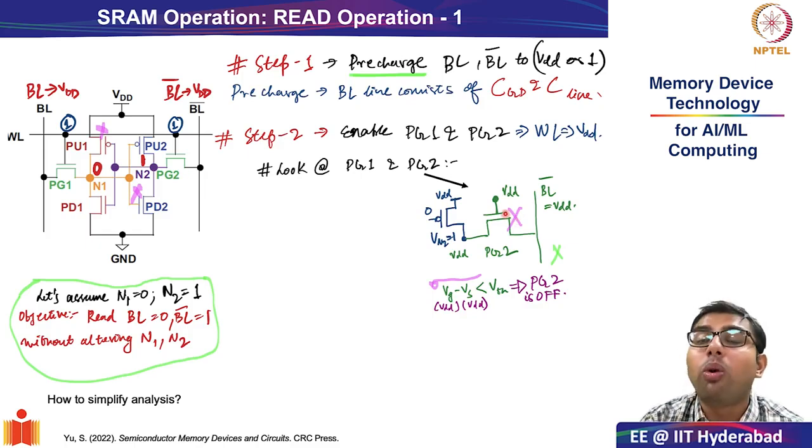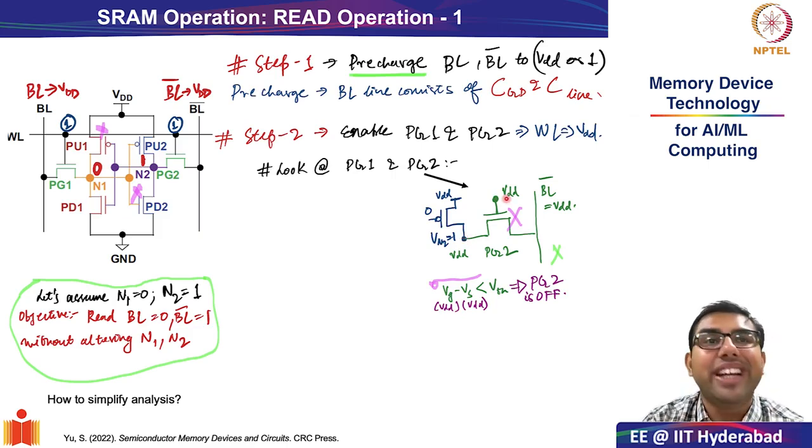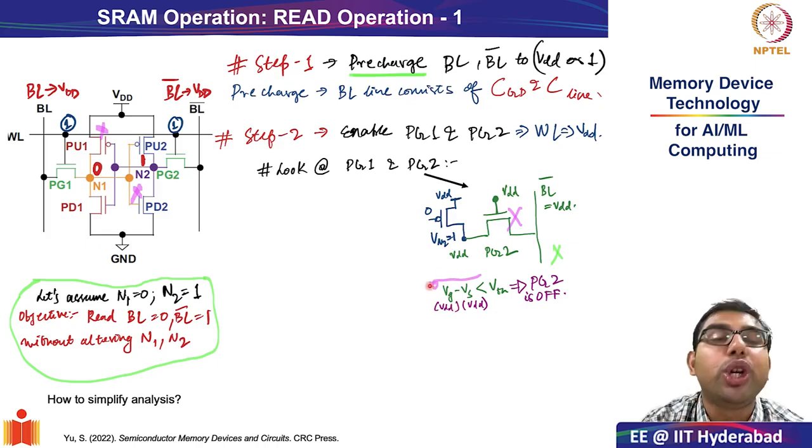But let us look at what the value of VG minus VS is. We see that at VG the value is VDD, and VS, at both ends, is also VDD. So VGS, or VG minus VS, is actually 0.